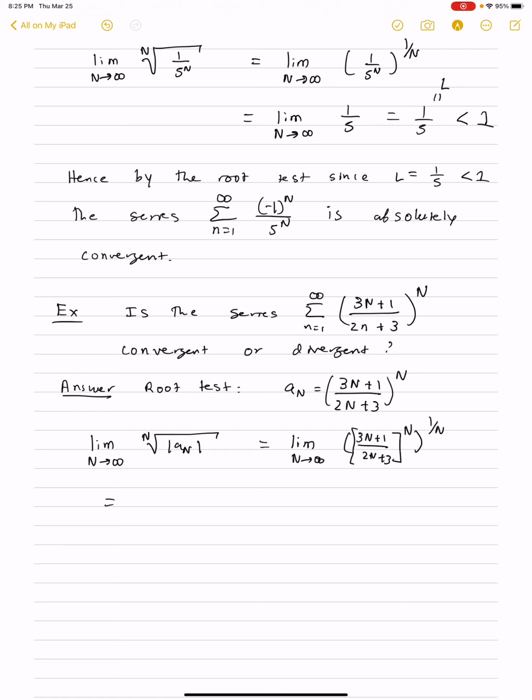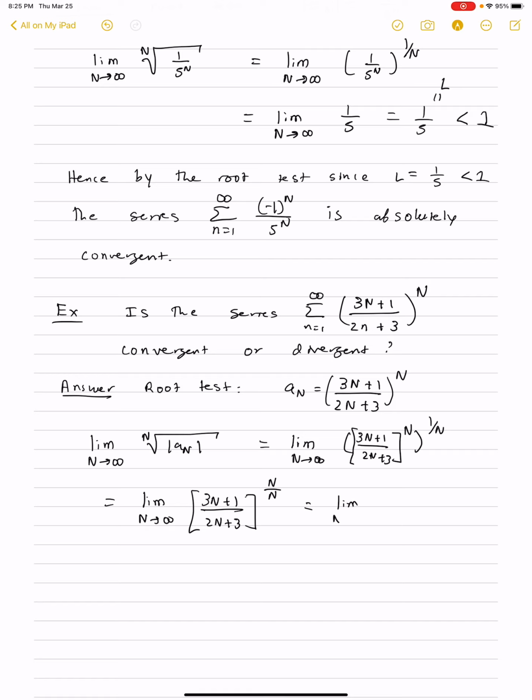So using the powers of exponents, I'm going to get 3n plus 1 over 2n plus 3 to the power of n over n. So that's just going to be 1.